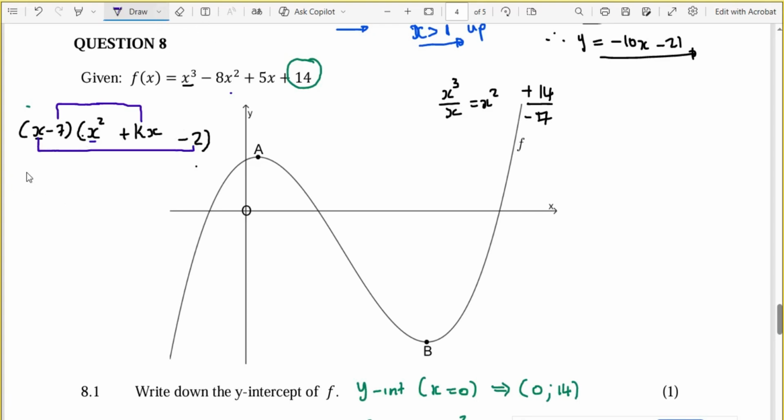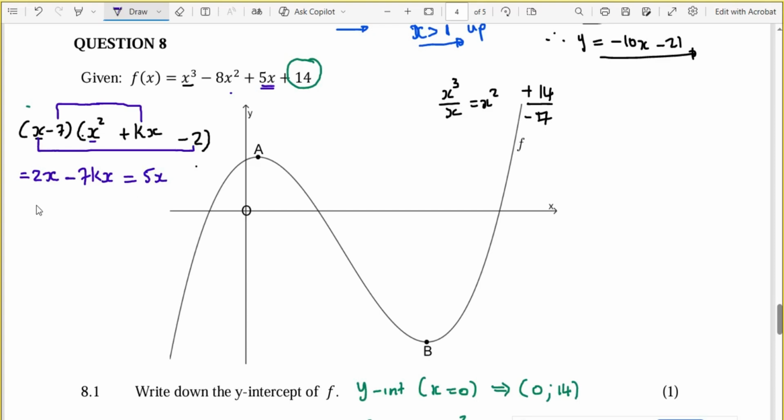When I multiply the two, this is x times minus 2, which is minus 2x, then minus 7 times kx, which is minus 7kx. Then you equate this to the term that has the coefficient of x in the equation, which is 5x.